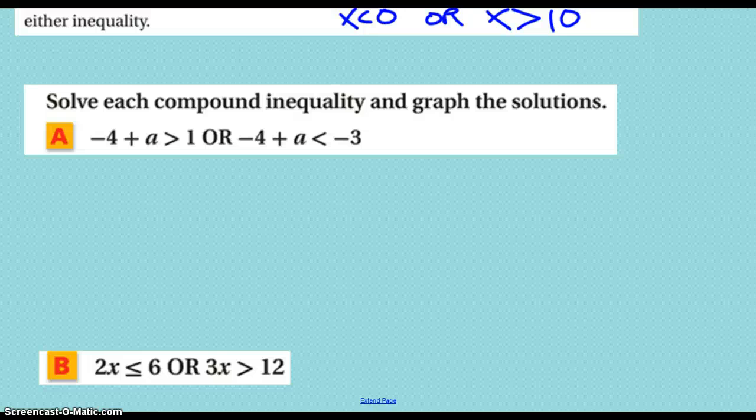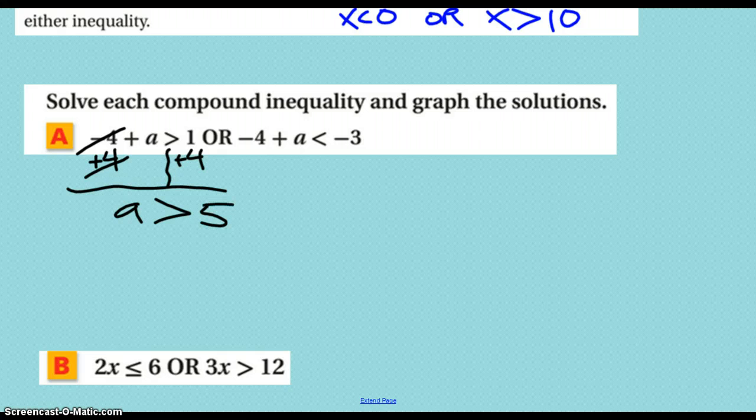So anyway, to solve this, we've got two different equations here, and we're going to solve for a in the left one. So what I would do is add 4 to both sides, and we've got a is greater than 5. Alright, so we're going to keep that there.